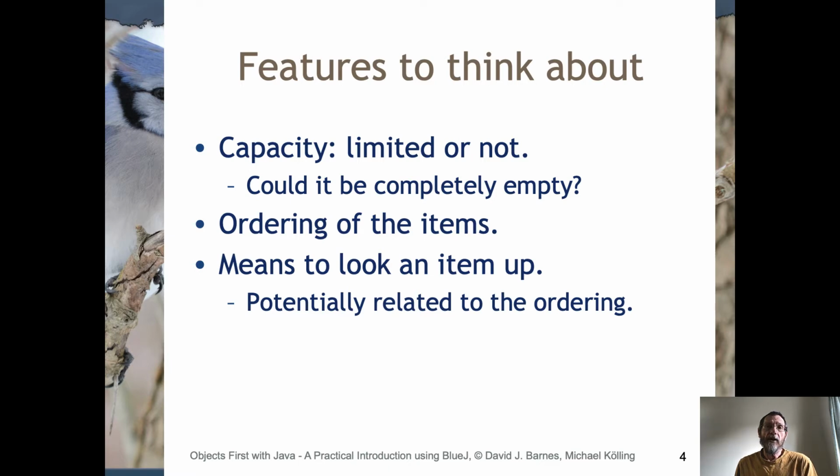So related to the ordering is a sense of when I want to look something up, how will I do that? Will I be scrolling through a list until I find it, or will I be putting in some search terms into a search bar in order to find it? And the order in which the items are stored in the collection can affect the efficiency or the speed in which I look up an item in a collection.